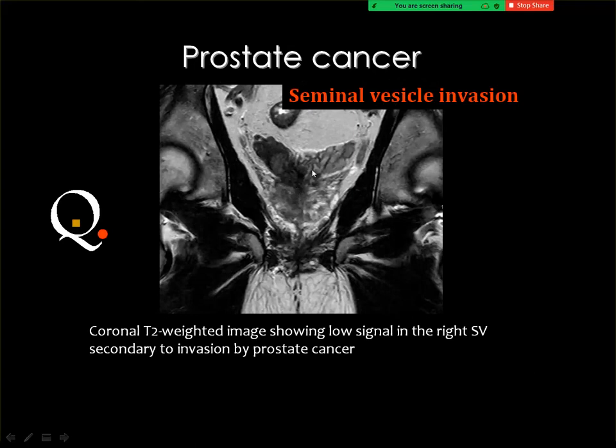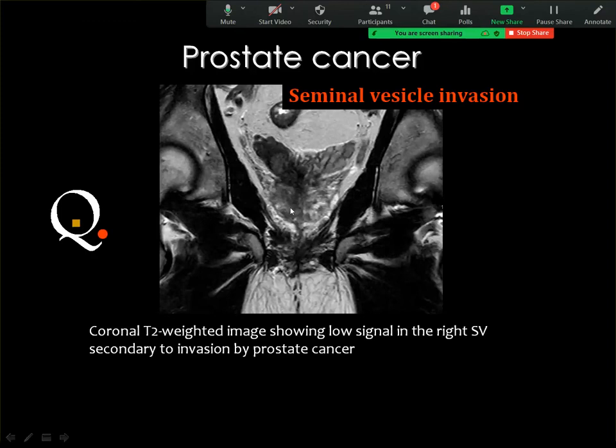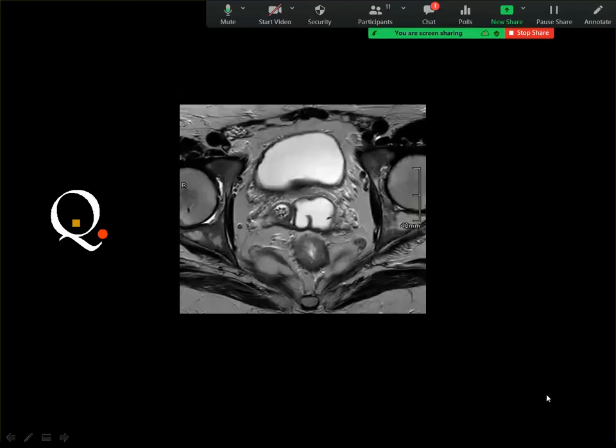You know that the normal seminal vesicle in T2 weighted image is a fluid containing multilocular structure. But whenever it is invaded by prostatic carcinoma or bladder carcinoma, you got alteration of the normal signal intensity into dark signal in the T2, and that will enhance after injection of contrast material.